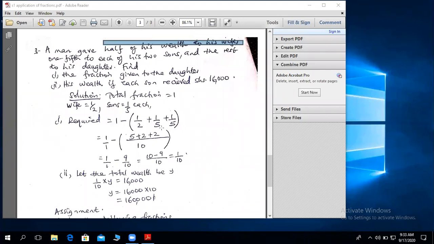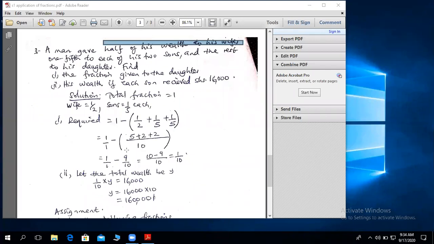The LCM, you agree with me that it is 10. 10 divided by 2, the answer is 5, times 1, it is 5. 10 divided by 5, the answer is 2, times 1, it is still 2. 10 divided by 5, the answer is 2, times 1, it still remains 2. So total, I'm having 9 out of 10.